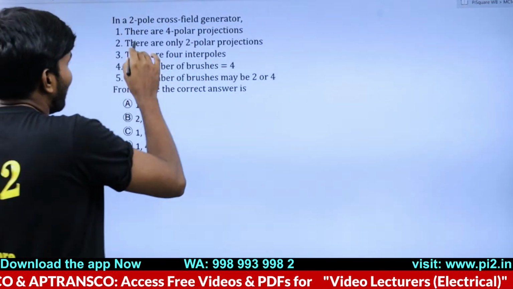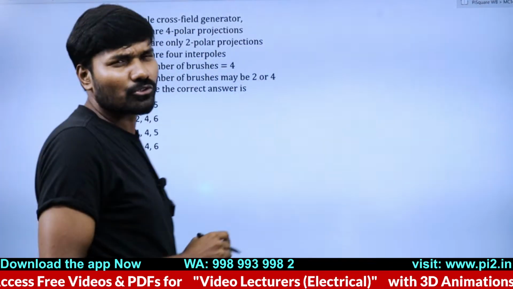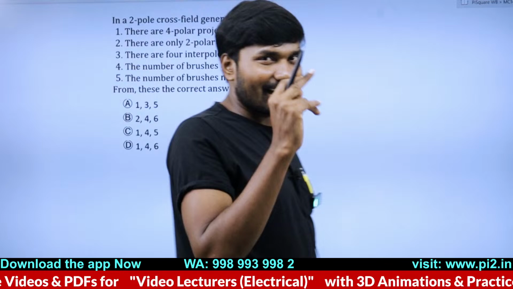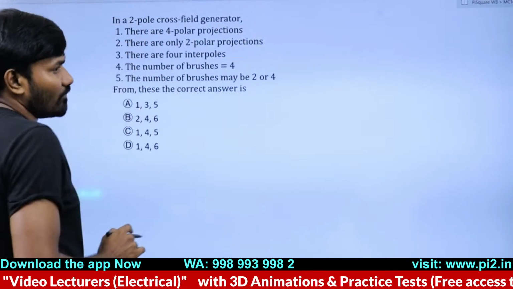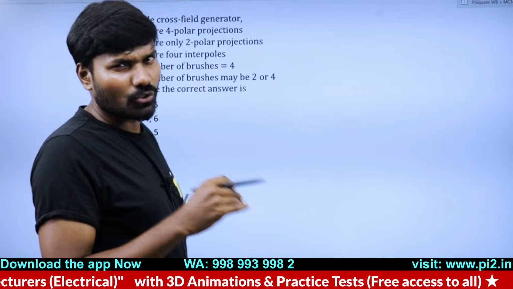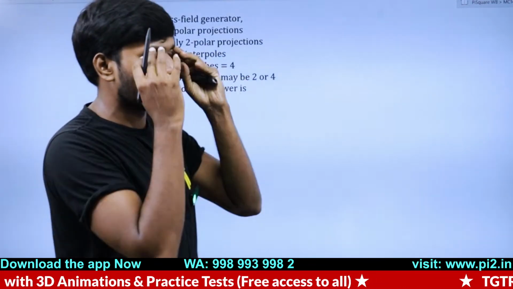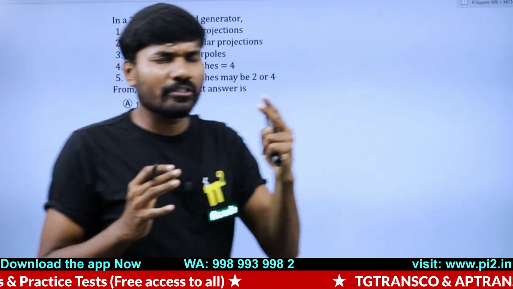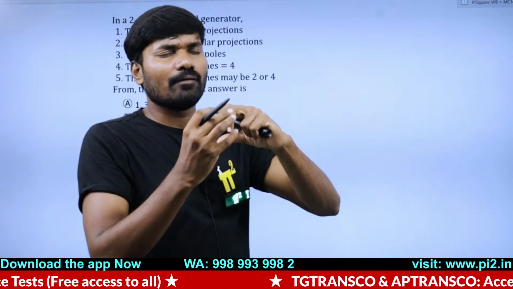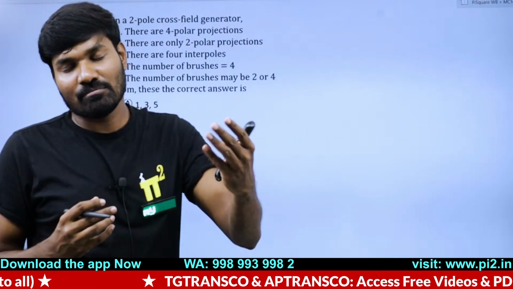What does it say? There are 4 pole projections. Can this be true? It is said explicitly a 2-pole machine. So in a 2-pole machine, do you think there are 4 projections of pole? If you imagine the DC machine construction, in a 2-pole machine, how many pole projections will be there? 2-pole machine, 2 pole projections. 5-pole machine, no, odd number not possible, even number.